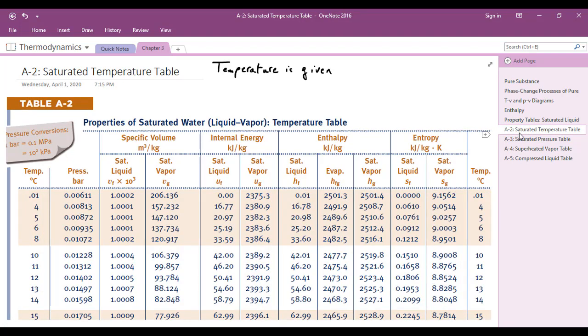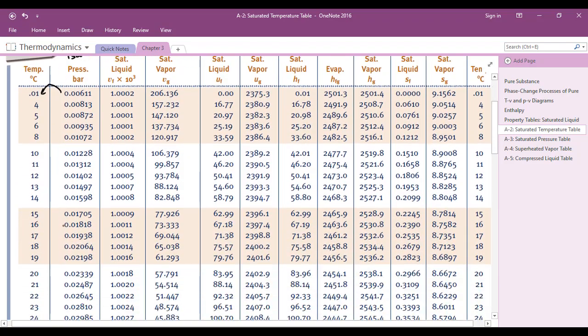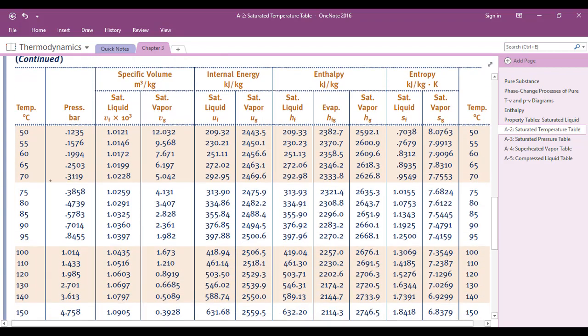For the temperature table, the first column is the temperature, the second column is the pressure. This is the saturation pressure at a given temperature. So if you want to know what is the saturation pressure for a temperature of 100 degrees Celsius, we will have a pressure of approximately 1 bar.